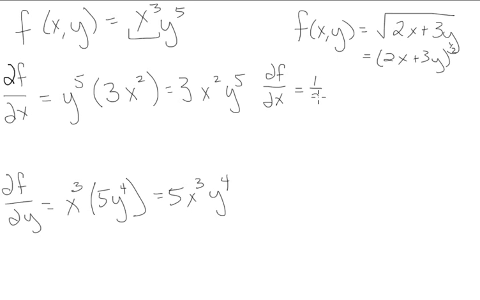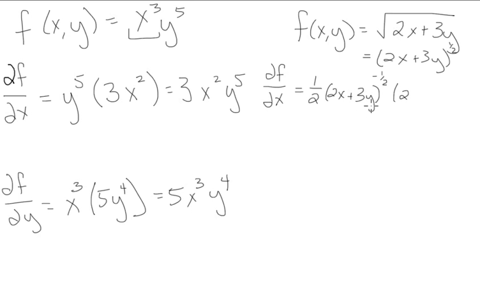I bring down the 1/2. I leave my inside function unchanged. I subtract 1 from the power. And now I need to multiply this by the derivative with respect to x. I take the derivative of the 2x term. I get 2. I take the derivative of the 3y term with respect to x.